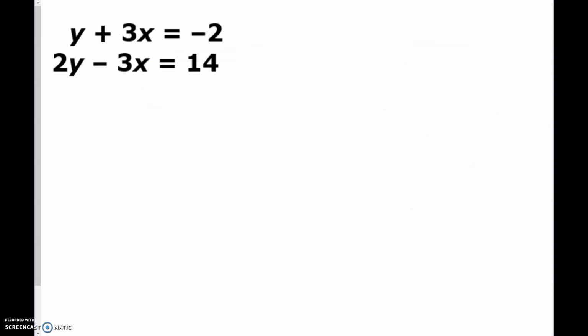So that's your substitution method. Another method is if you look at both of these, they are lined up so that your y's are lined up, your x's are lined up, your equal sign, and your number. This would not be as easy for substitution, but we could certainly, in the first equation, solve for y and then substitute and plug that in. Or another thing that we can do that you may remember is elimination.